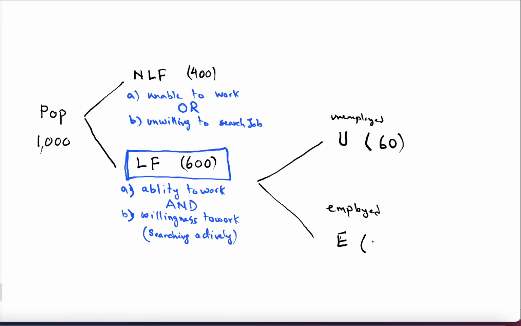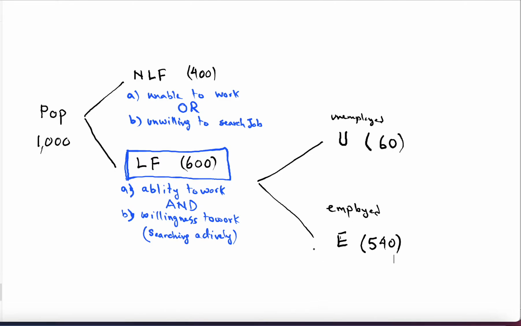And the remainder, 540 persons, are employed. These are the people who are fit and able, and they have got the job already. So they are working.